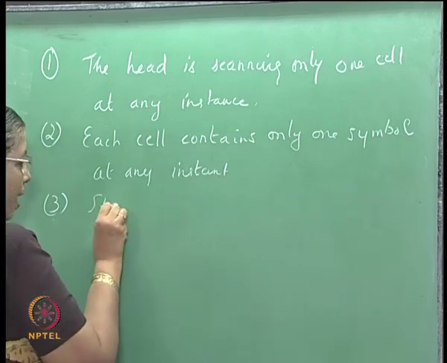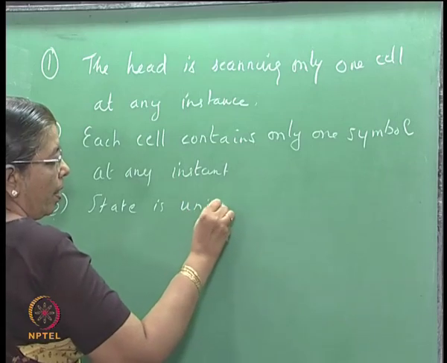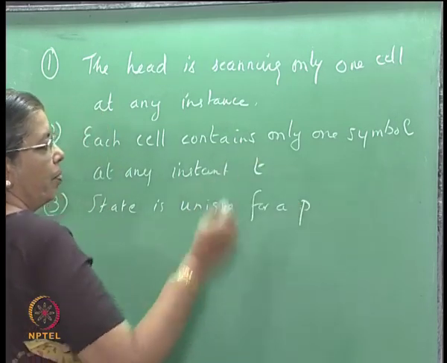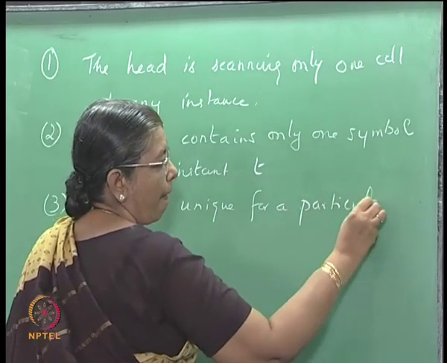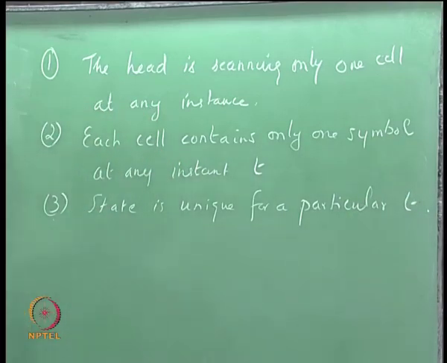The state is unique for a particular time instant t. There can be only one state at any instance; the machine can be in only one state.